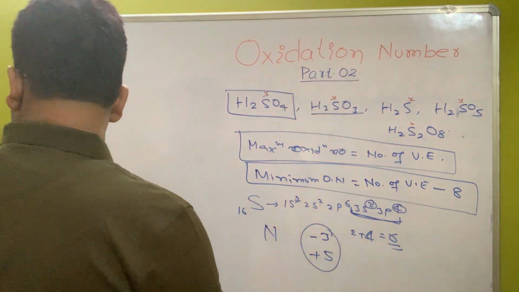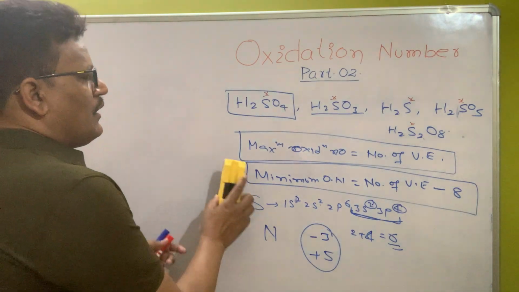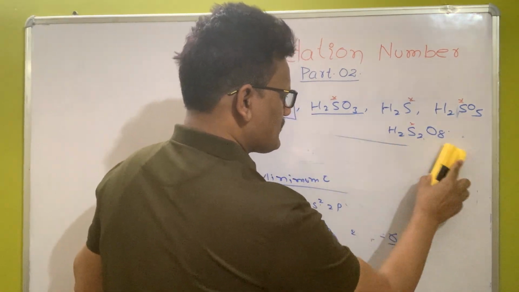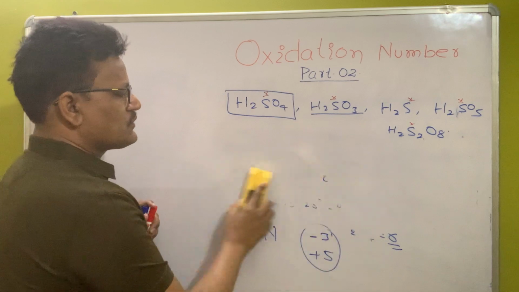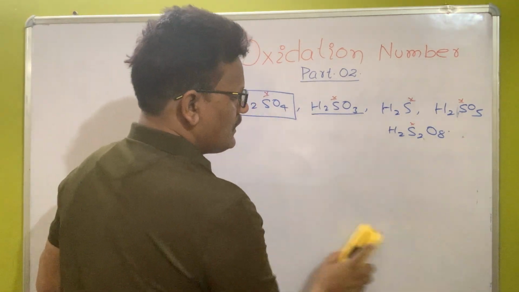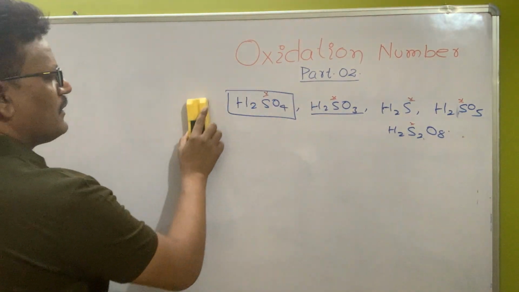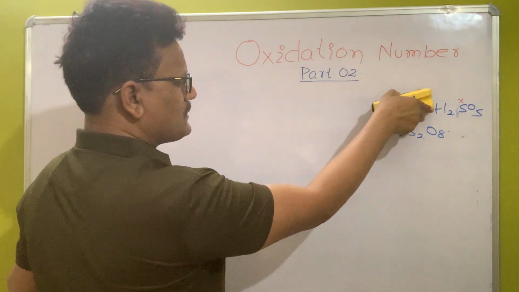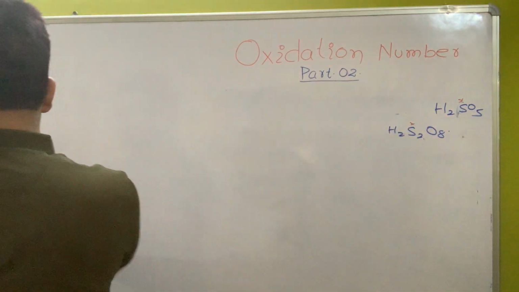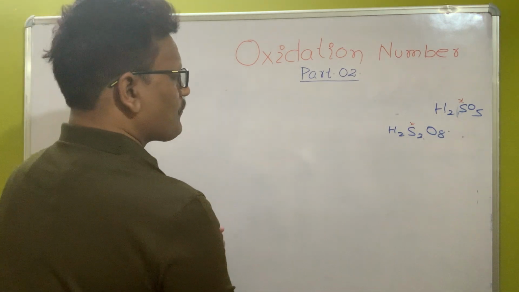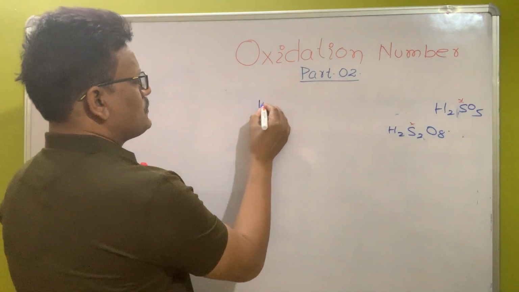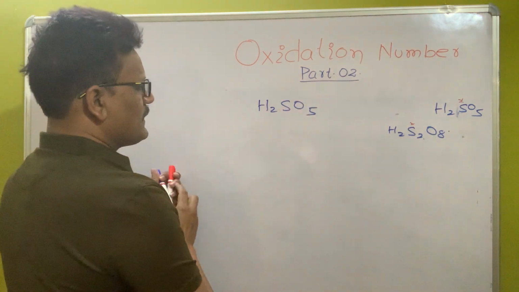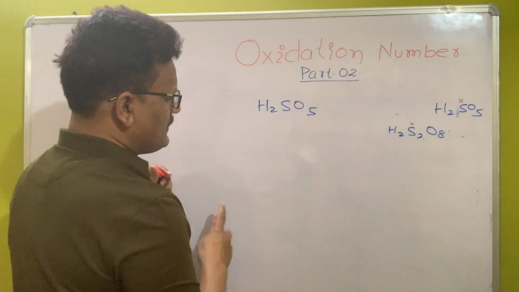Now, what is the oxidation number of sulfur in H2SO5 and H2S2O8? H2SO5. Let the oxidation number of sulfur be x.